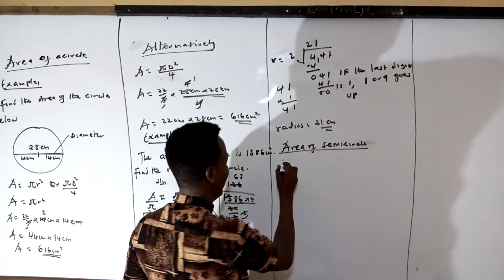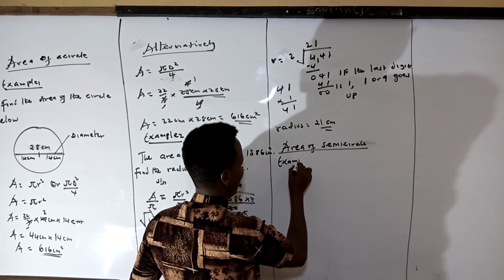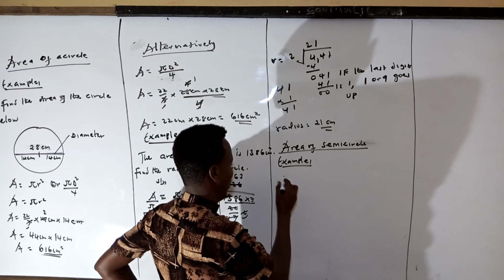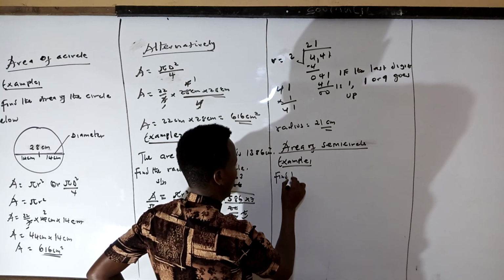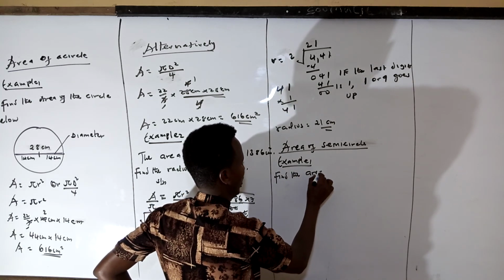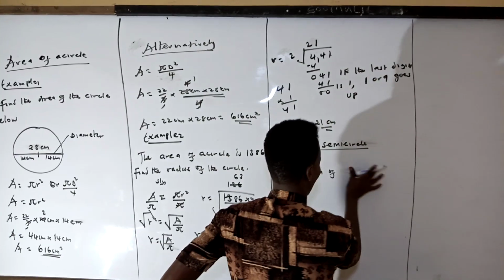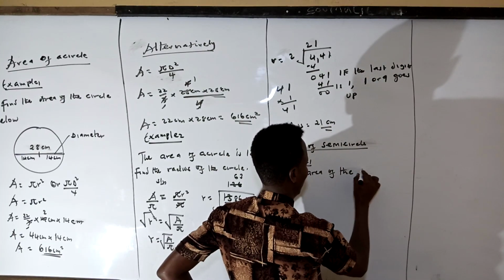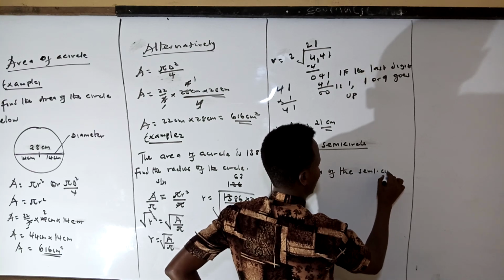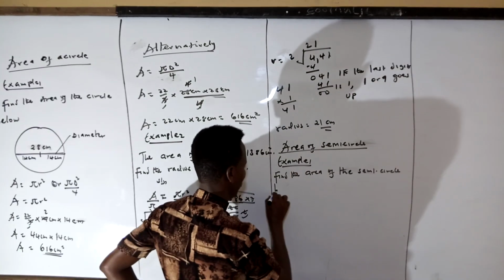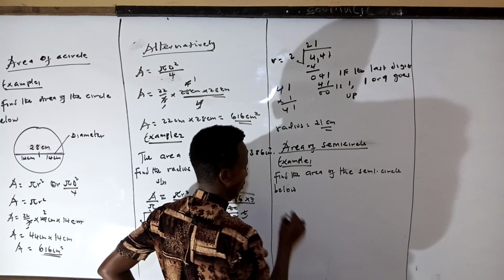So let's see example 1. They are told, find the area of the semicircle below.